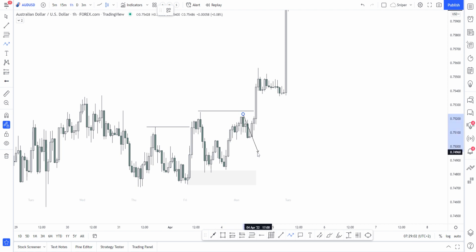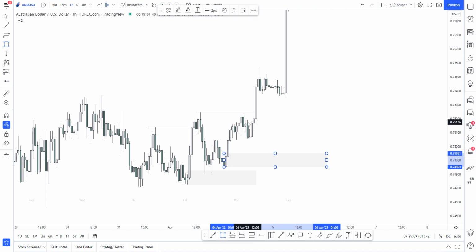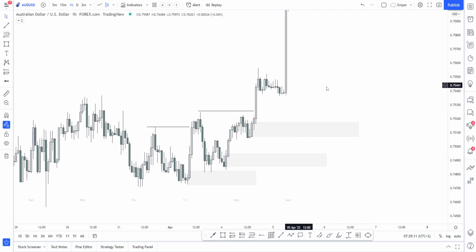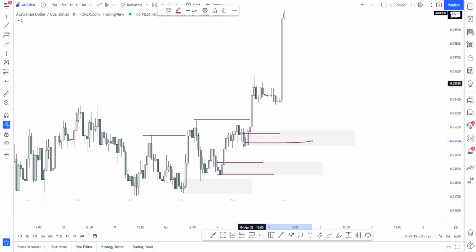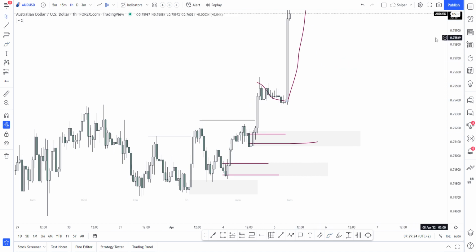You would expect price to come down, but it doesn't. It just gives a short pullback. We would expect price to go there, it doesn't. We would expect price to go there, it doesn't. This is a sign that price is most probably going to do this. So we see a failure to return towards these areas. Just a little pullback, probably news came out or something, and then boom, moves towards the downside.